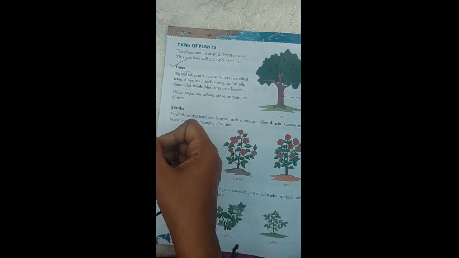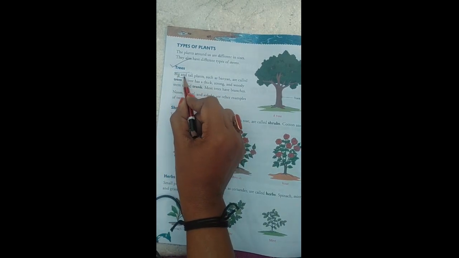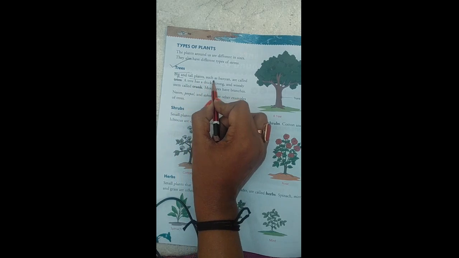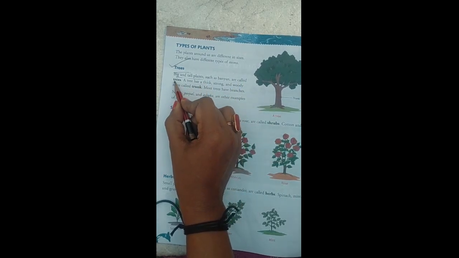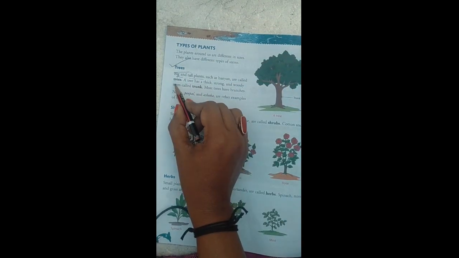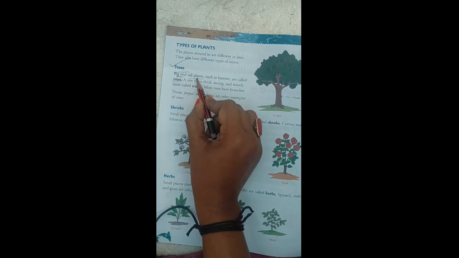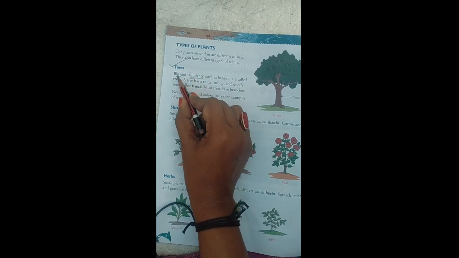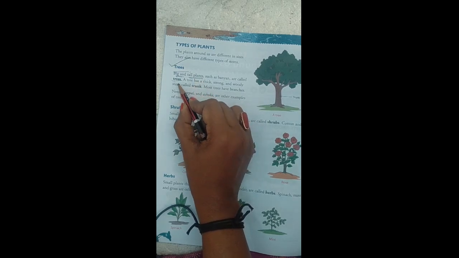What are trees, children? So, big and tall plants such as banyan are called trees. The plants which are very big and tall are called trees.